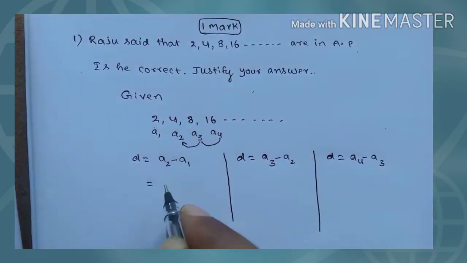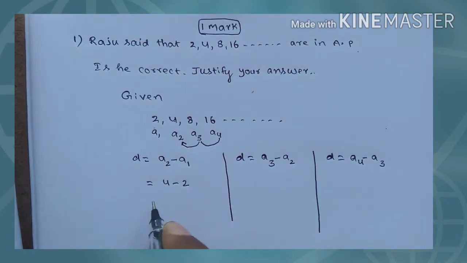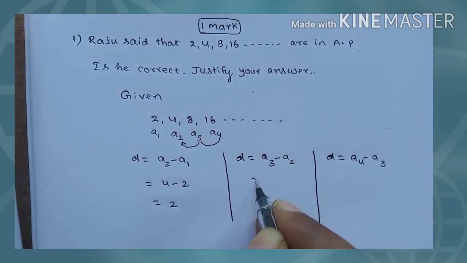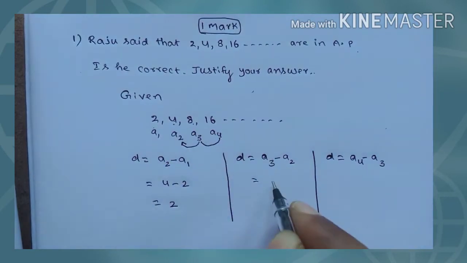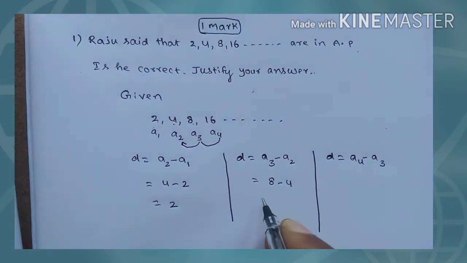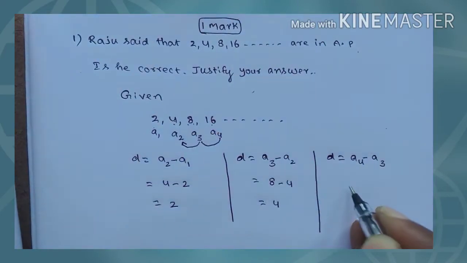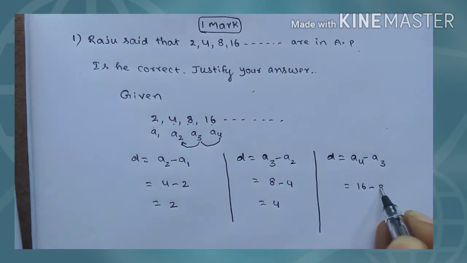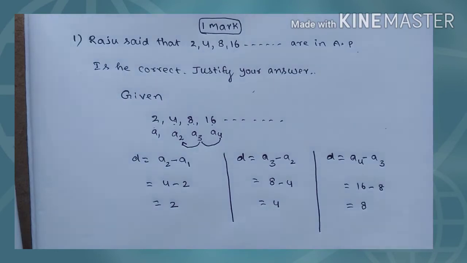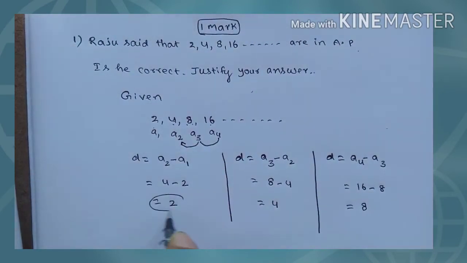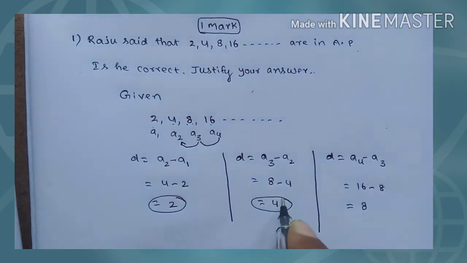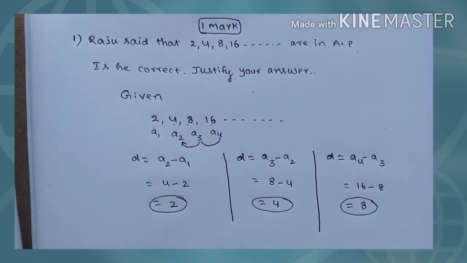What is the a2 value? 4 minus 2. The result is 2. Again a3 minus a2, 8 minus 4, the result is equal to 4. a4 minus a3, 16 minus 8 is equal to 8. Here the first difference is 2, the second difference is 4, the next difference is 8.